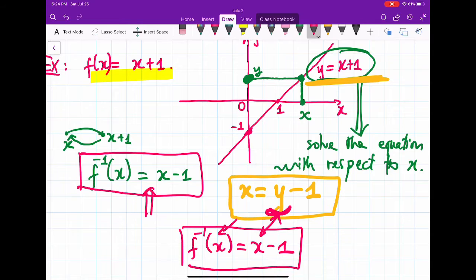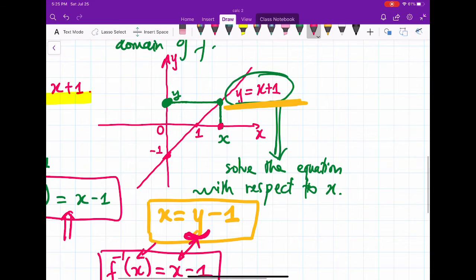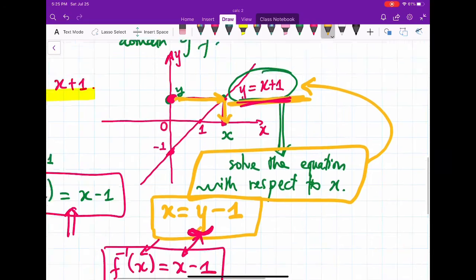But at the same time, if you want to solve this problem analytically, you want to go from x to y, that means you express y as a function of x. But if you want to go back from y to x, you need to express x as a function of y. That means you need to solve the original equation with respect to x.